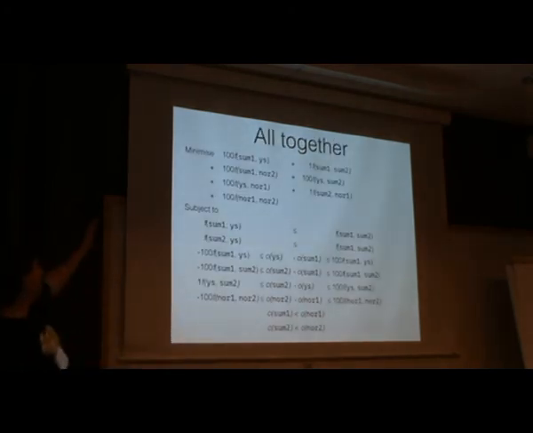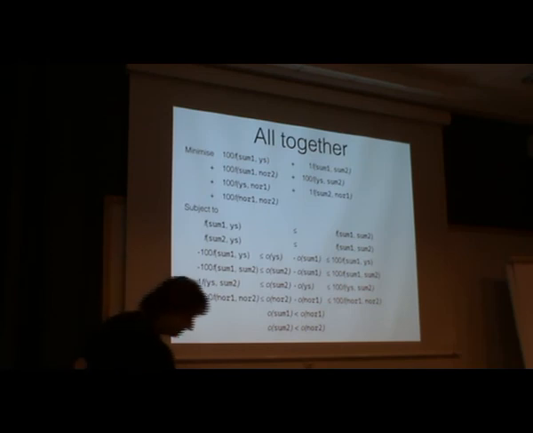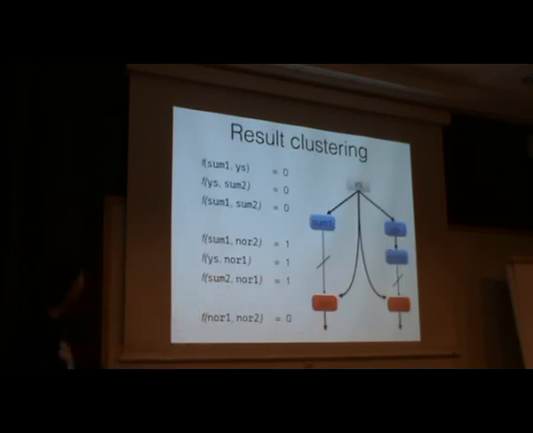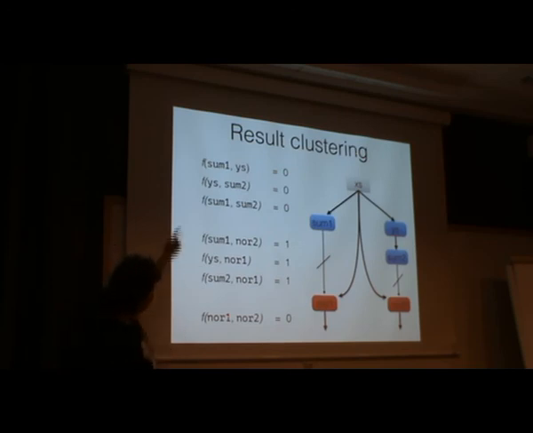And if we put this all together, we actually have an integer linear program that we can hand off to Coin CBC or Cplex, and we can run it, and it'll tell us, sum 1 and y's should be fused together. Y's and sum 2 should be fused together. And sum 1 and sum 2 should be fused together.